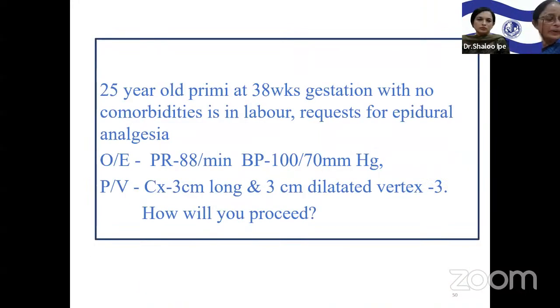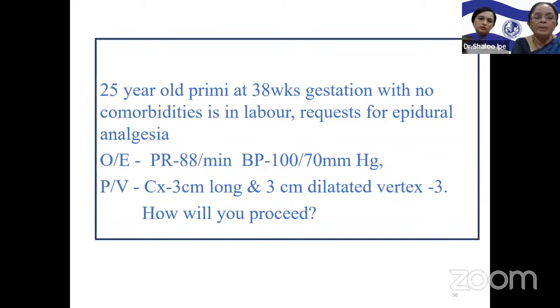Now, between the pharmacological and non-pharmacological methods, neuraxial block, especially epidural, is considered the gold standard. And that is when the anesthesiologist really comes into the picture. So here we have a patient, a 25-year-old primigravida, 38 weeks of gestation, no comorbidities, in labor, and there is a request for epidural analgesia.